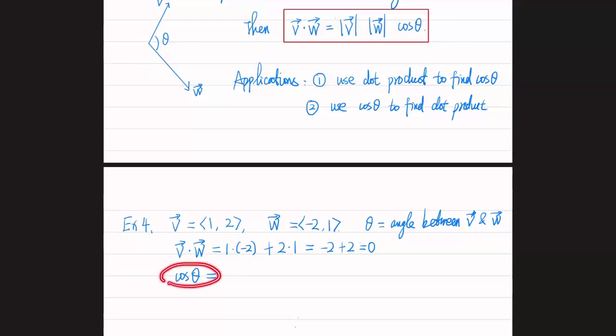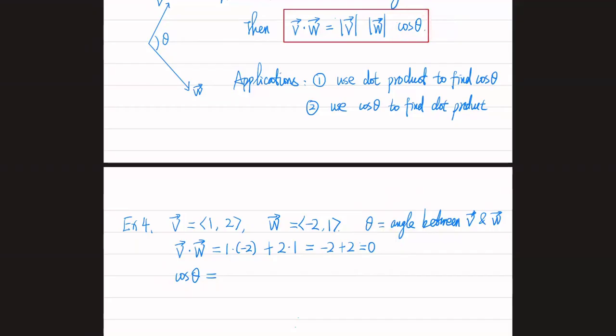Amy, what's the cosine theta? Okay, let's go back to this formula. The dot product is 0. What can I say about this?